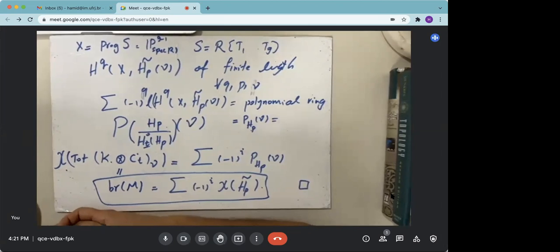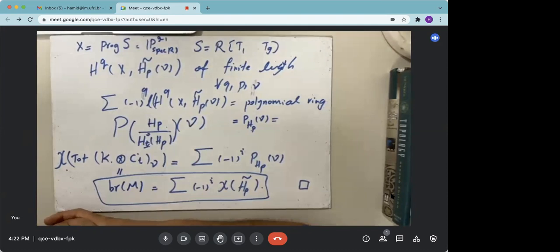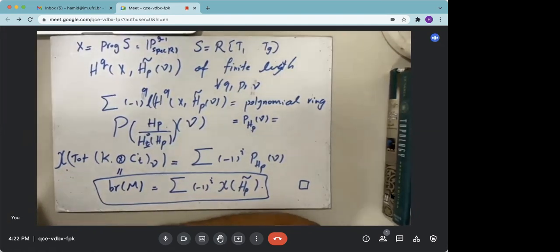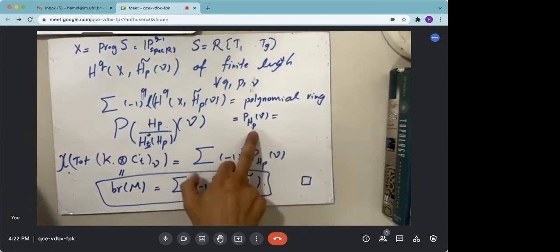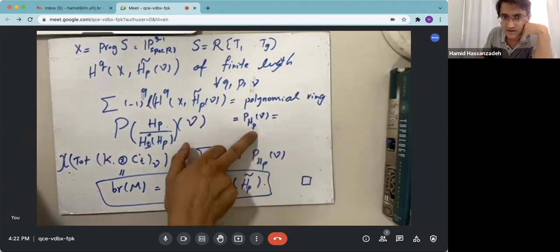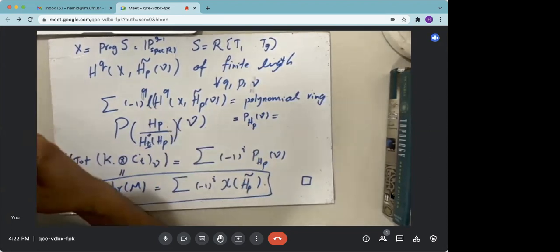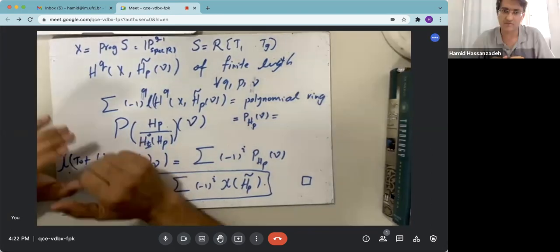What you've written there, you have an alternating sum of lengths equal to a polynomial ring. What does that mean? You mean if this polynomial makes sense? How is an alternating sum of numbers a ring? Well, some of the polynomials.